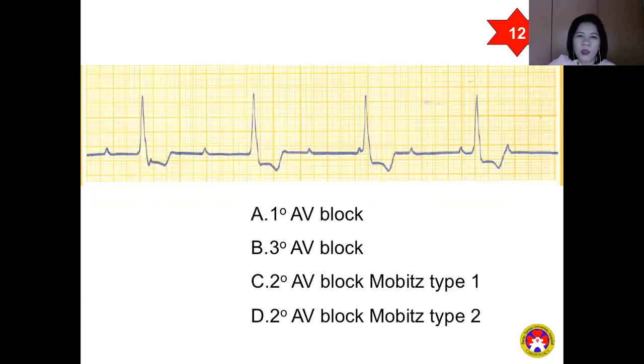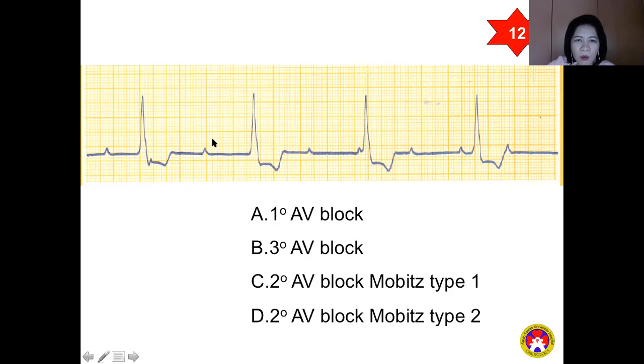But this one, here we see regularly occurring QRST complex. The rate is 300, 150, 100, 75, 60, 50, 40, so around 30. So the ventricular rate is very slow. There is a P, but the question is, is it related to the QRS complex? If you notice, there are a lot of P's. This is a P, that is another P there.